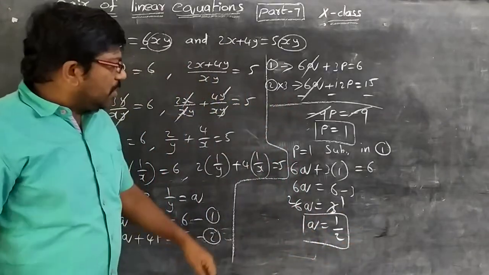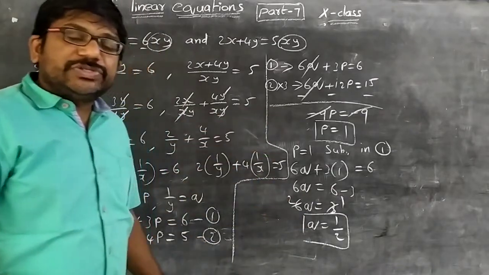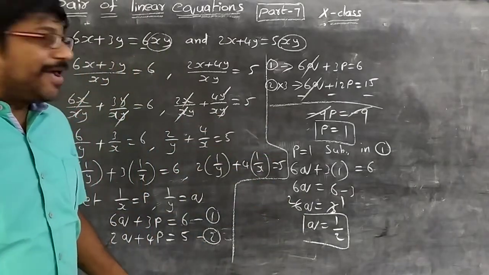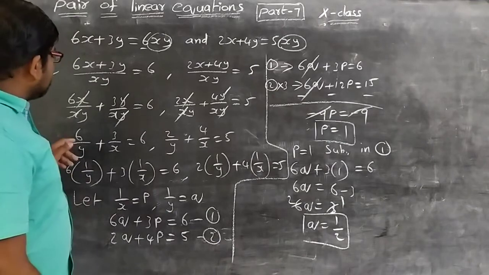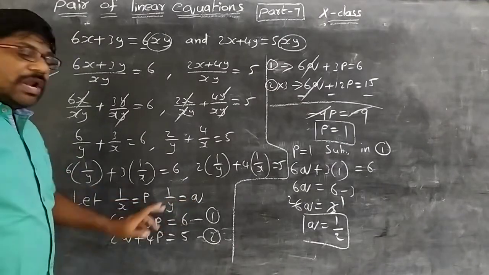Now we got the p value and the q value. From the p and q values we get the x and y values, right? What is p here? p is 1 by x, q is 1 by y.